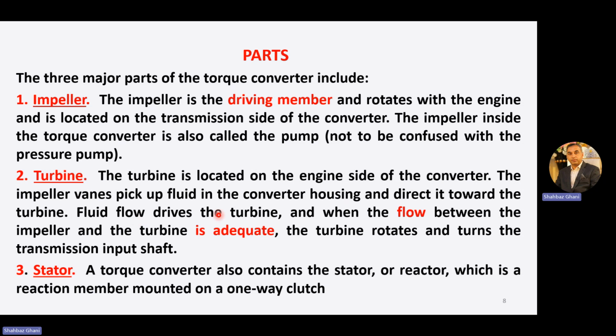When the flow between the impeller and the turbine is adequate, the turbine rotates and turns the transmission input shaft, because the turbine is linked with your transmission input shaft. As the impeller is linked with your engine crankshaft, the driving member, the same goes for the turbine, which is linked with your transmission input shaft.